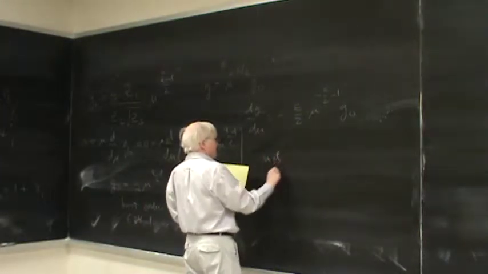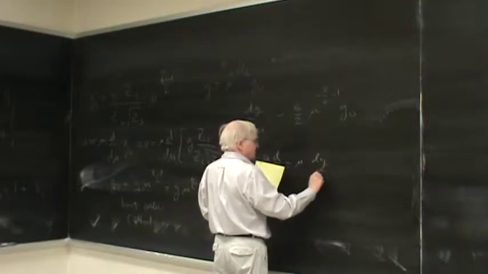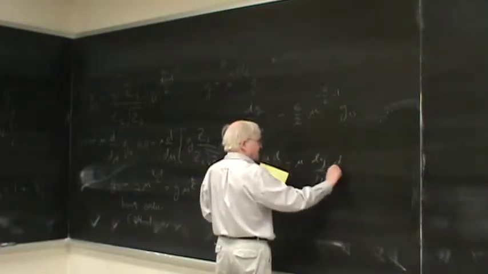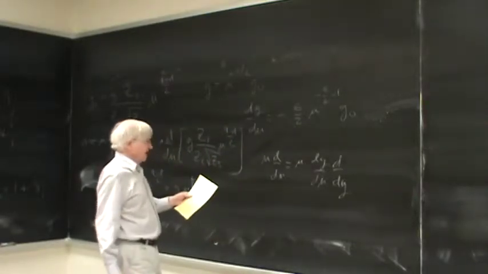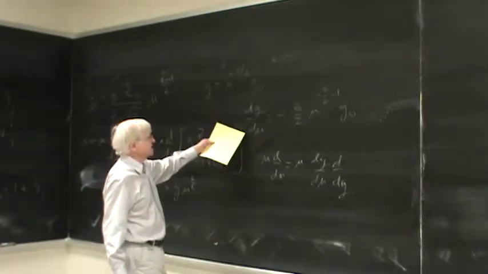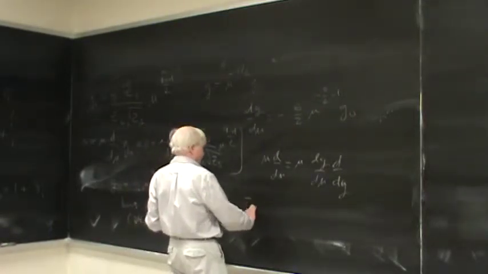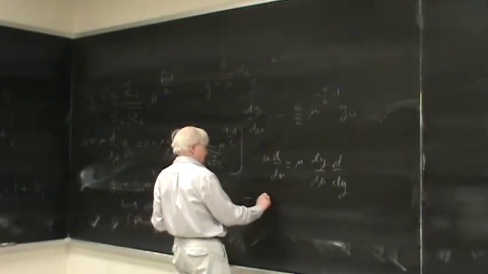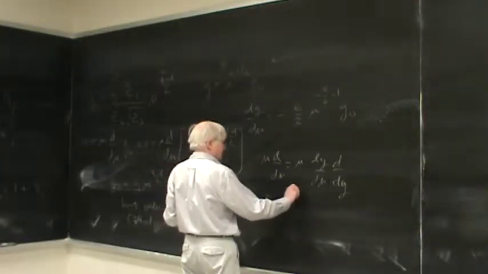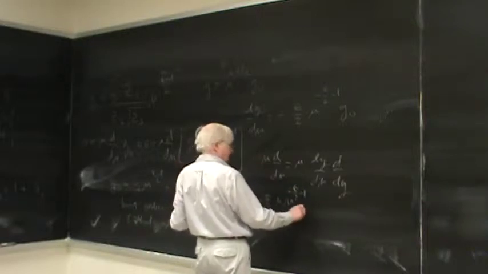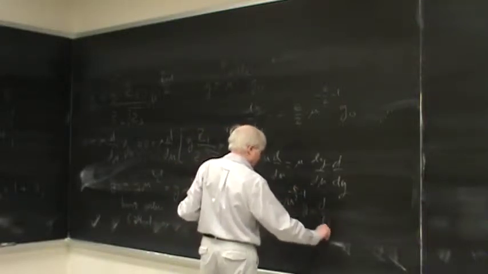Mu d by d mu is equal to mu dg/d mu times d/dg, and we have dg/d mu is that, so this is equal to minus epsilon over 2 mu to the (minus epsilon over 2 minus 1) g0 d/dg.